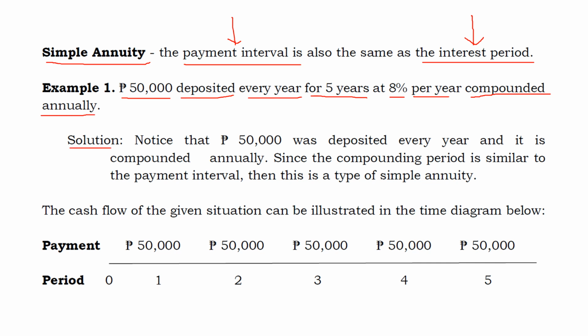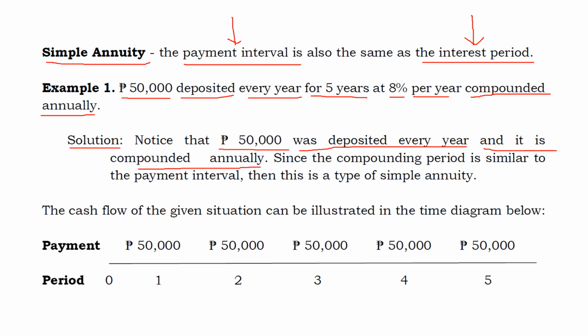So the solution here: notice that 50,000 was deposited every year, and it is compounded annually. The first 50,000 will earn an interest after a year.